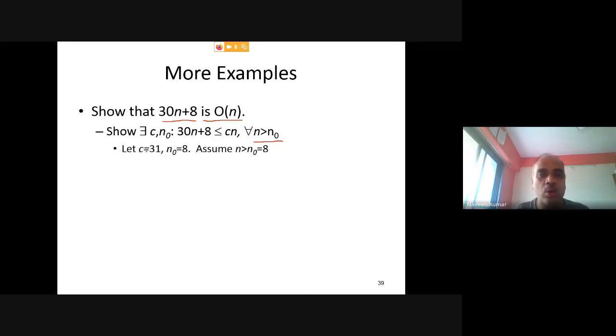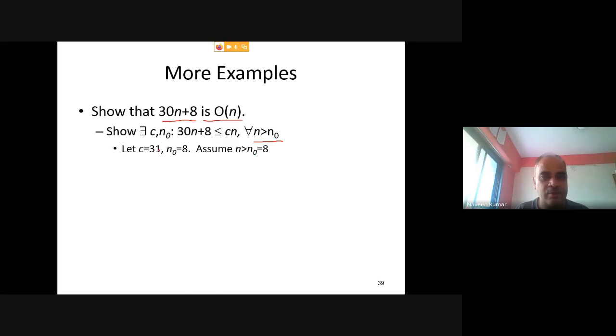Now we may choose some constants c and n0, and then show that for these constants the inequality is correct. For example, we have chosen them carefully, but let us say we have chosen them randomly: 31 as c and 8 as n0. Assume n is greater than 8.